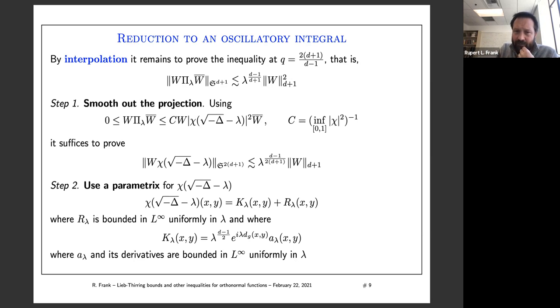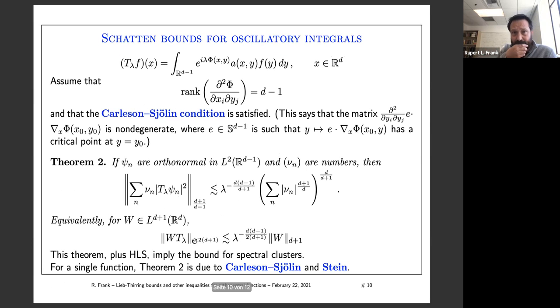But here we've only taken one of the two exponentials. And then this is multiplied by a certain amplitude, which is harmless. It and all its derivatives are nice and of order 1. So really what we need to understand are such operators with such phases.